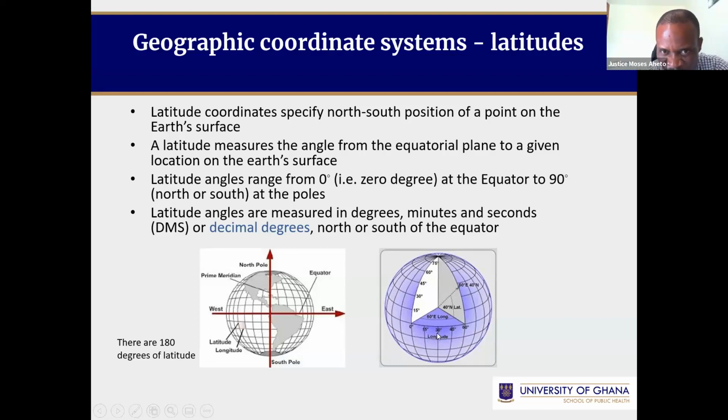So if I talk about zone 30 or zone 31 or zone 32, definitely certain countries will be lying within those zones. One of the assignments and examples that I'll do even from now is to show you, for instance, Ghana or Nigeria or Tanzania or Gambia, which zones they can be found on the latitude and the longitude plane.